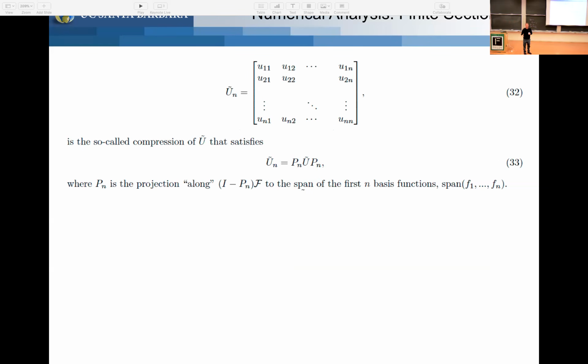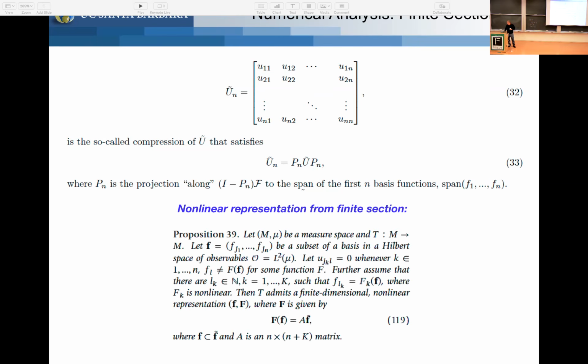Think of all the coefficients in that matrix that I gave you, slice off a part. That's a matrix, find its eigenvalues and eigenvectors, and you can find eigenfunctions and modes. Left and right eigenvectors will correspond to eigenfunctions and modes themselves. So they're dealing with the projection to the span of the first n basis functions.